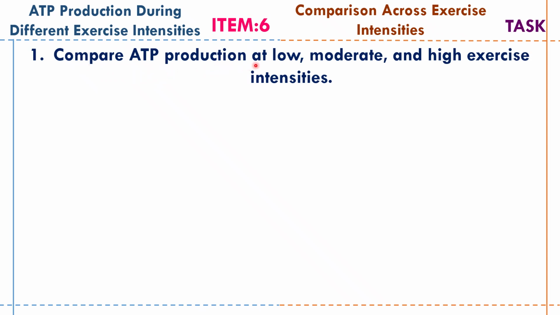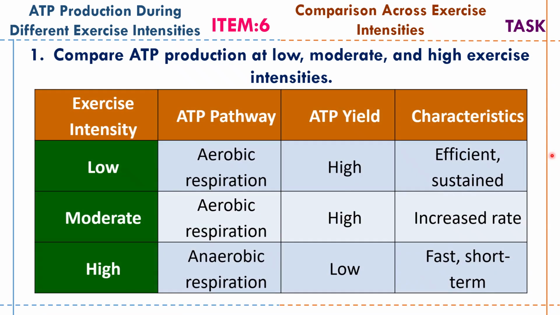Compare ATP production at low, moderate, and high exercise intensity. Exercise intensity, ATP pathway, ATP yield, and characteristics. At low exercise intensity, the ATP pathway is aerobic respiration. ATP yield is high, and it is efficient and sustained.